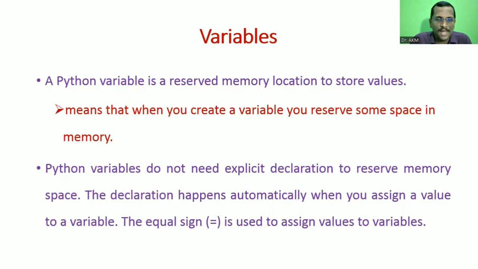The declaration happens automatically when you assign a value to a variable. When you declare the variable, the value and its memory space are assigned automatically, with the help of the equal sign, which is used to assign values to variables.